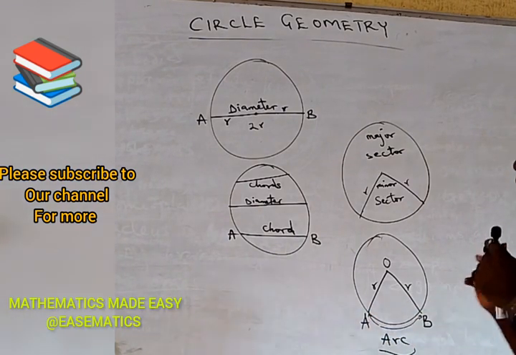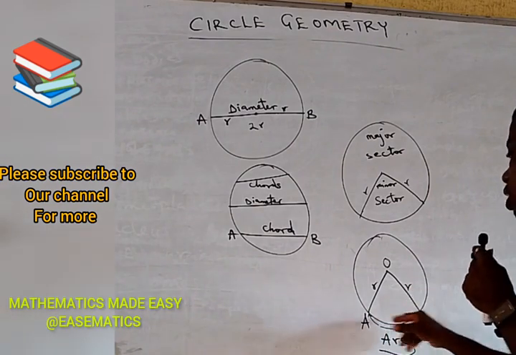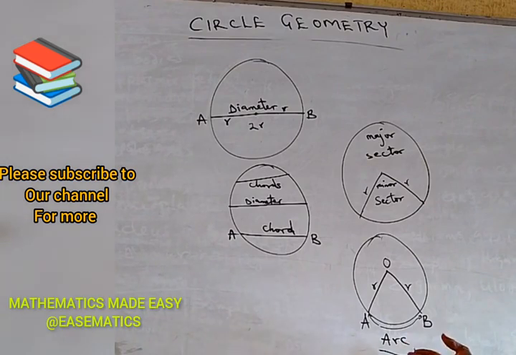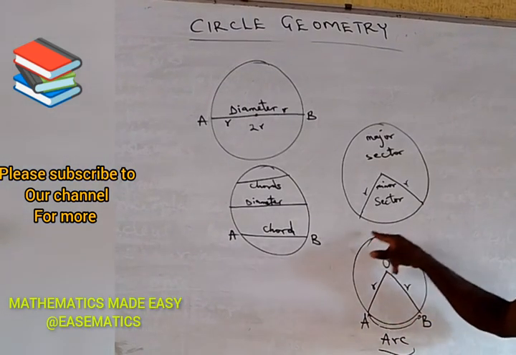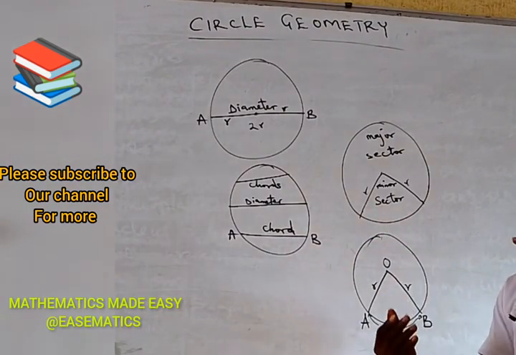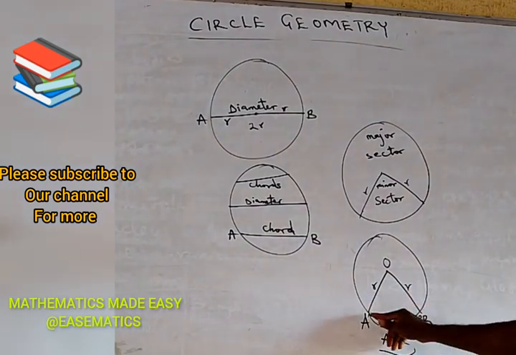That particular curve they cut out is called the arc. So this arc you are seeing here forms part of the boundary of the circumference of the circle. You can look at this.